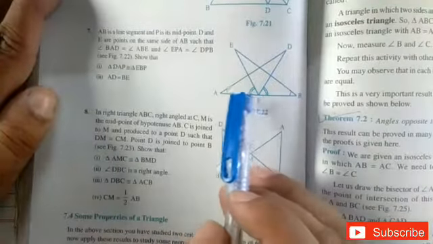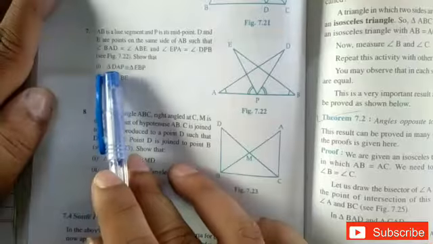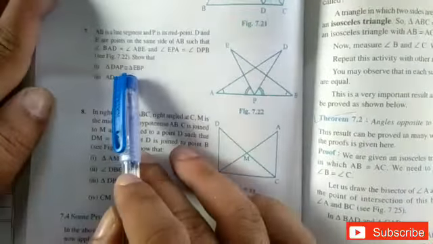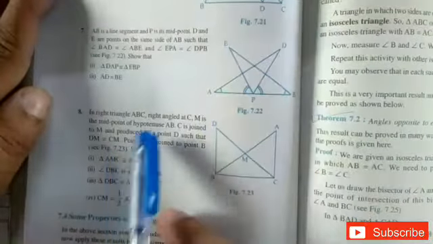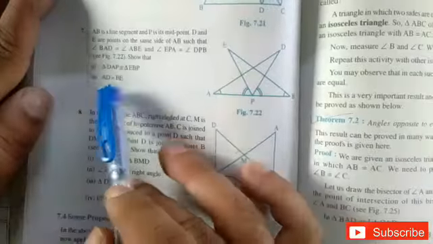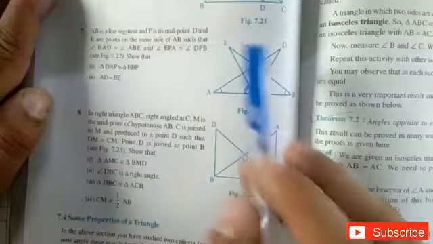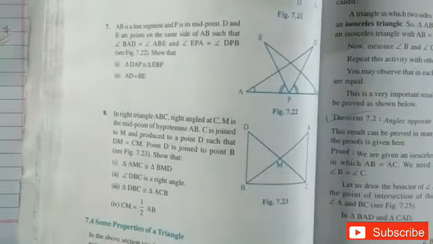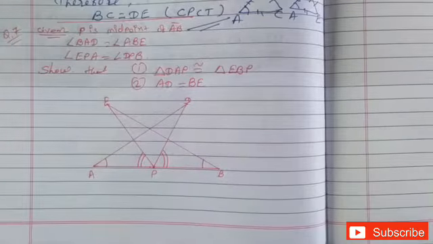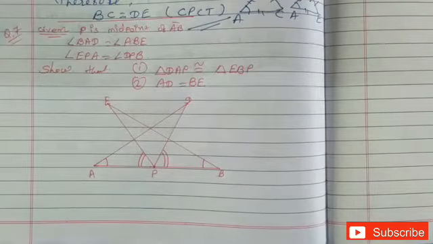So in this question we need to show that our triangle DAP and EBP both are equal, and also AD is equal to BE. So let us see the solution. Okay, in this question we have some given.